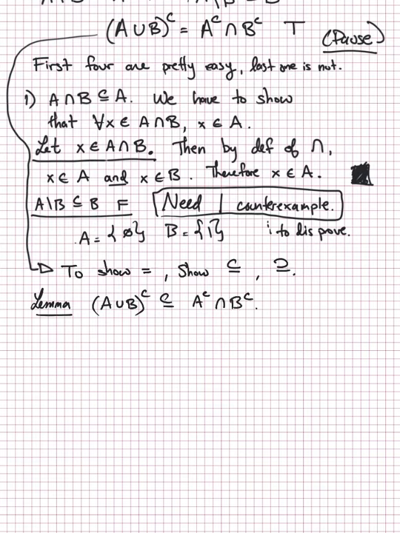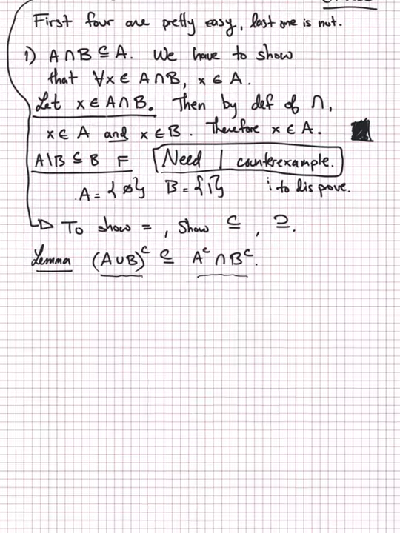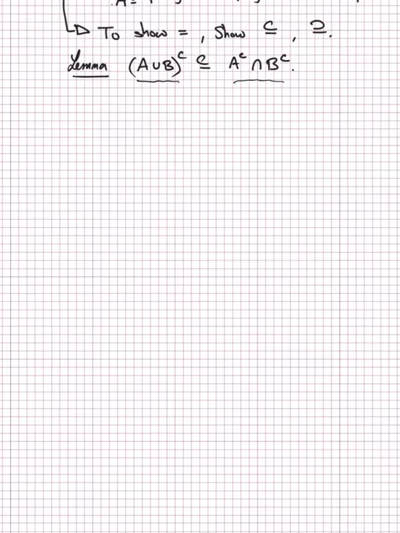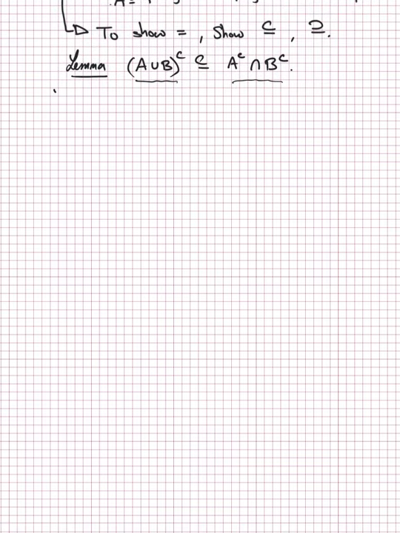The reason it's good to use double containment is that it gives you a nice framework for the proof. If I want to show that this set is contained in this set, what I have to do is take an element in the set on the left and show x is in here.